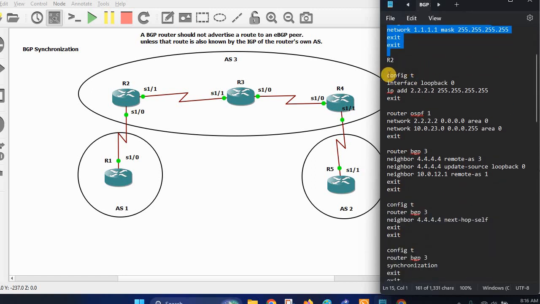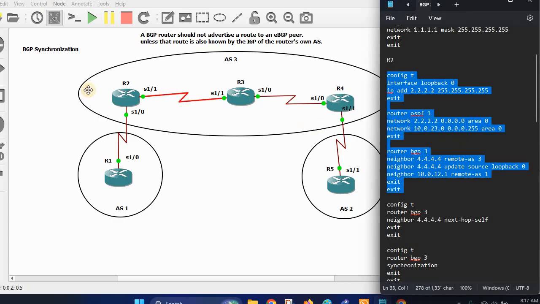Now the R2 configuration. We create a loopback because R2 and R4 will use loopback interfaces for the BGP configuration. Then we configure OSPF 1 area 0, advertising the directly connected networks, and configure BGP.